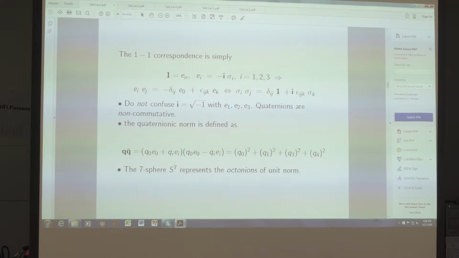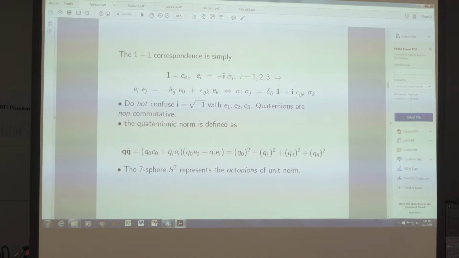Remember, the q's are just real numbers. Q0 and Qi are just real numbers. Now, E0 and Ei are the generators of your algebra. It's like when you write a complex number, A plus Bi. I is the generator of your complex algebra, and A and B are just numbers.